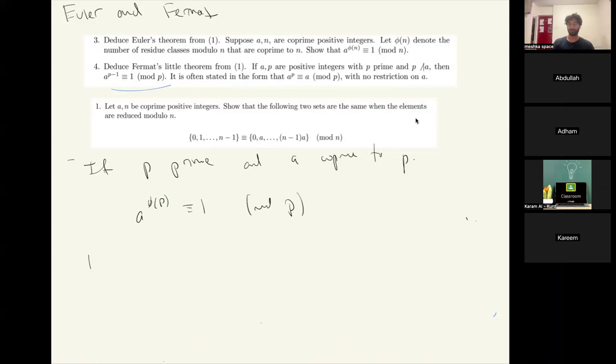But what is phi of p? I look at the residue classes 0, 1 through p minus 1. Which ones are coprime to p? All of them except for 0. So phi of p is p minus 1. So it shows a to the p minus 1 is congruent to 1 mod p. And that's what Fermat's little theorem says.